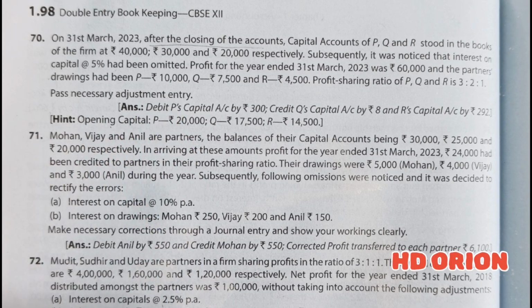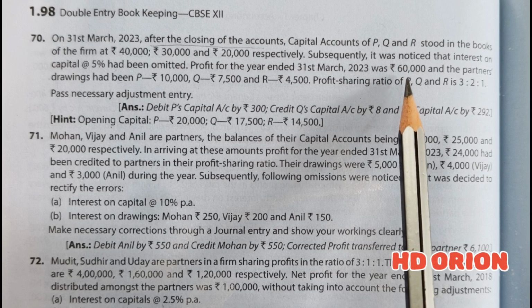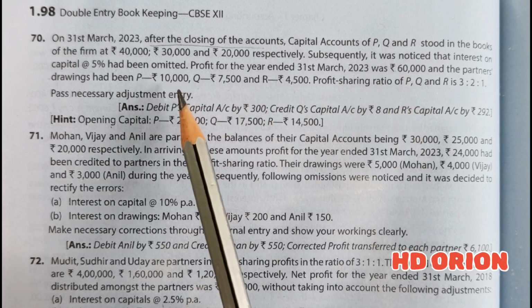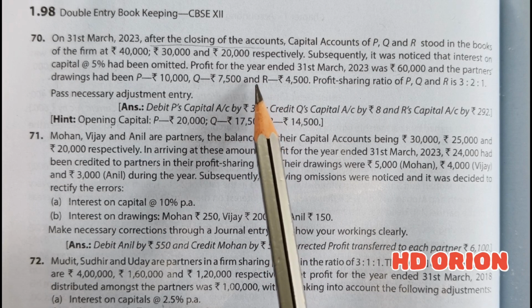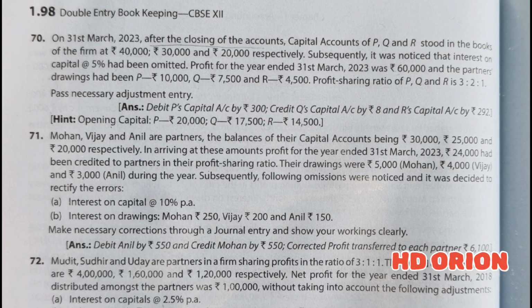So we have to provide interest on capital to the partners, for which we have to calculate opening capital balances of the partners. Taking this information, that is profit and drawings, with the help of these two we can calculate the opening capital balances on which 5% interest will be allowed to the partners.